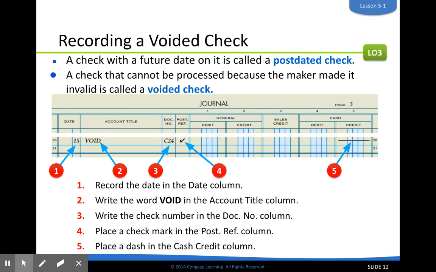So even if checks are unused, they should be retained for records and be recorded in the general journal. That's what we just did. And we write void in the account title. And then we remember to always fill out the check stub before the check. That's a really important thing with checks.